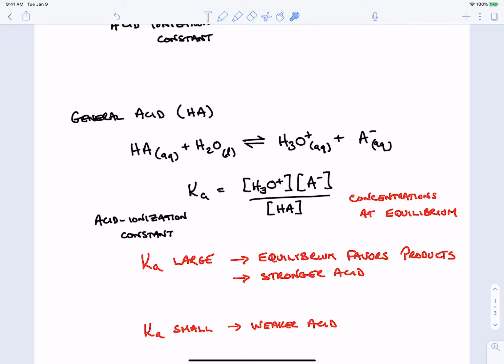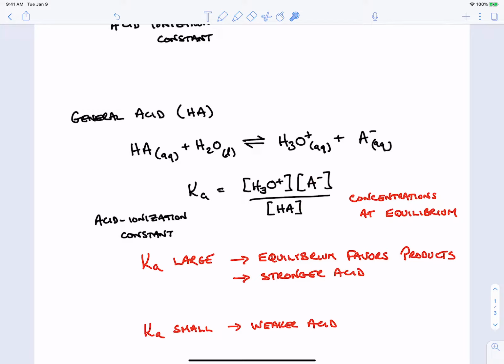So for example, if the equilibrium was sitting on the right hand side, if in fact most of this HA, this acid, had donated protons to produce H3O+, this equilibrium would be to the very right. And because it would be to the very right, the concentrations of the products would be very high and the concentration of HA would be very low.